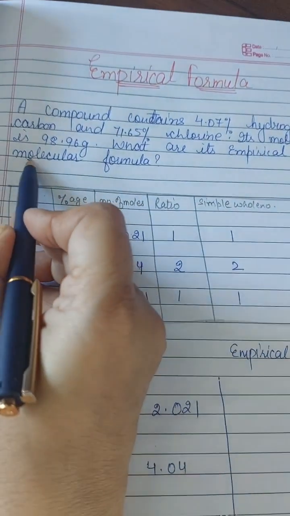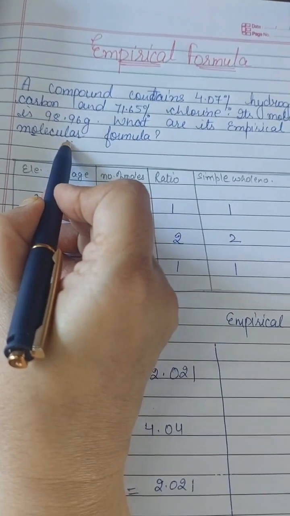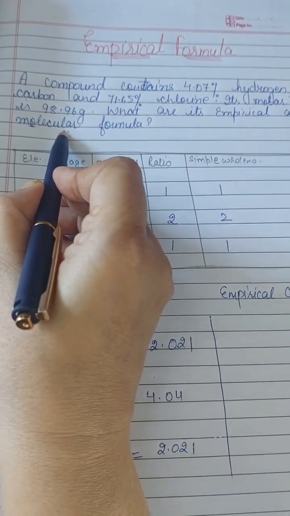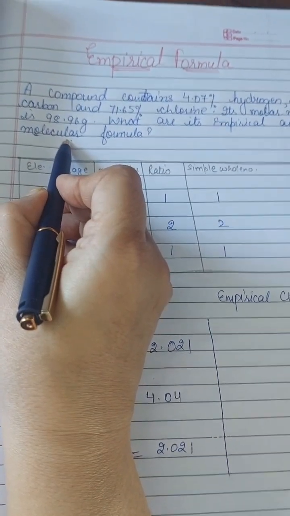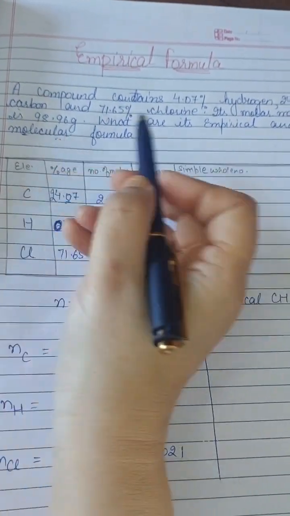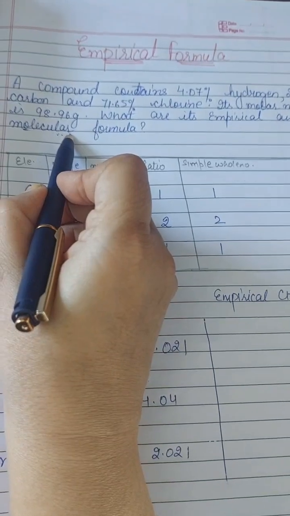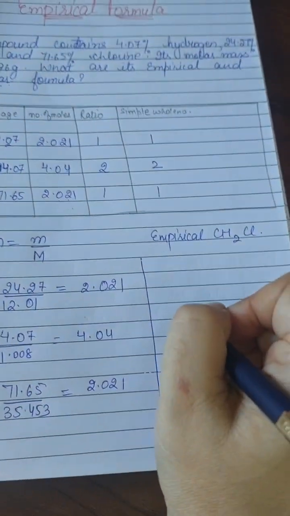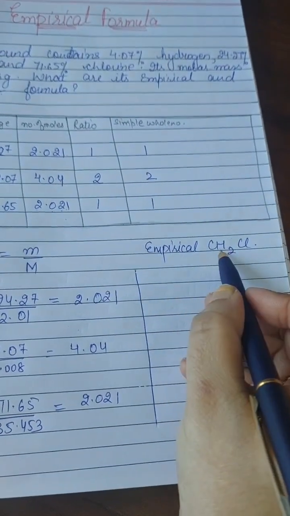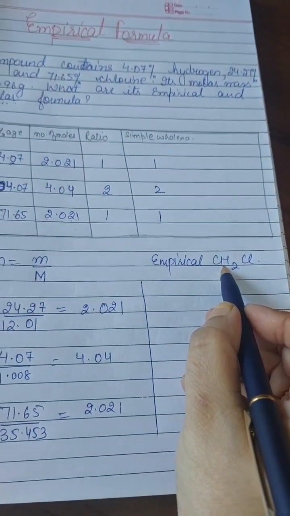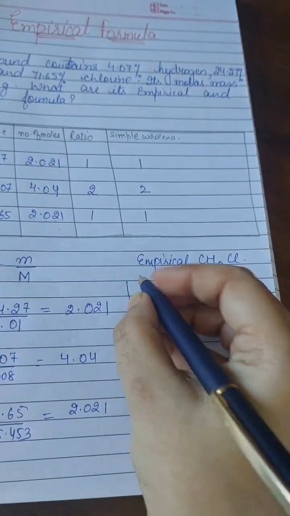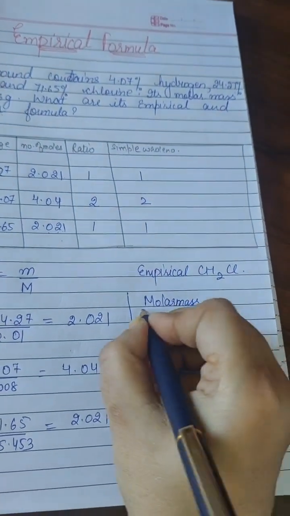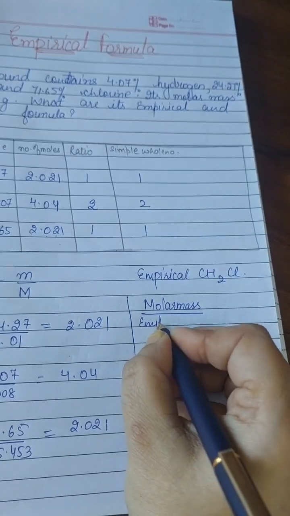Now we need to find the molecular formula. That means we need to find the exact number of carbon atoms, exact number of hydrogen atoms and exact number of chlorine atoms present in a compound. To find the number of atoms, first we need to find the ratio of molar mass upon empirical formula mass.